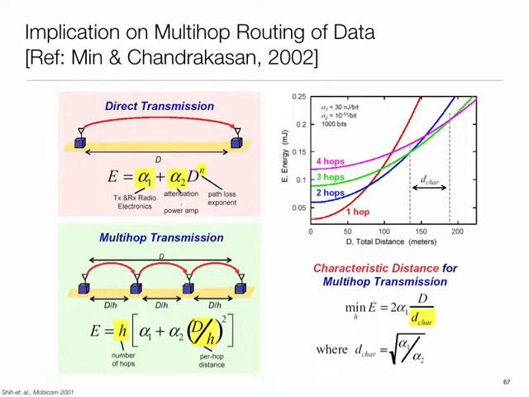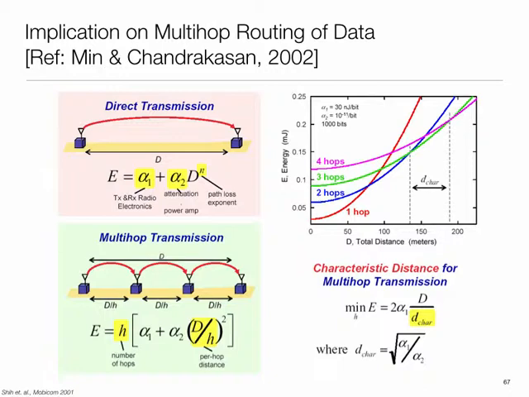And essentially, depending upon alpha 1 and alpha 2, and depending upon this coefficient out here, I may come out ahead or not. Okay, so the upshot is that for very small distances, a single hop would be good, but for larger distances, increasing the number of hops would be beneficial.